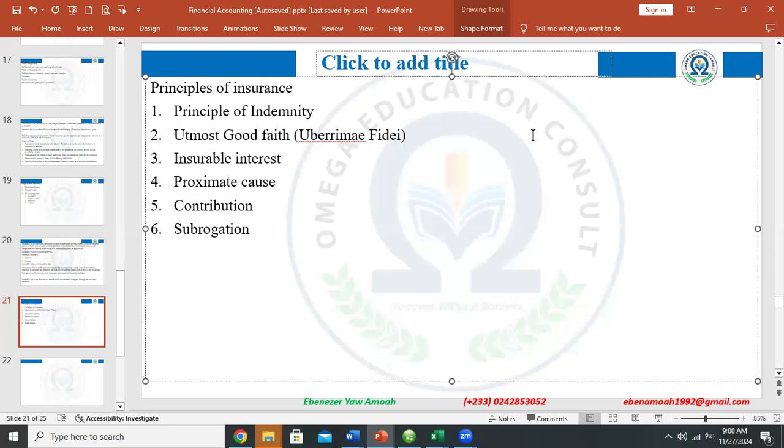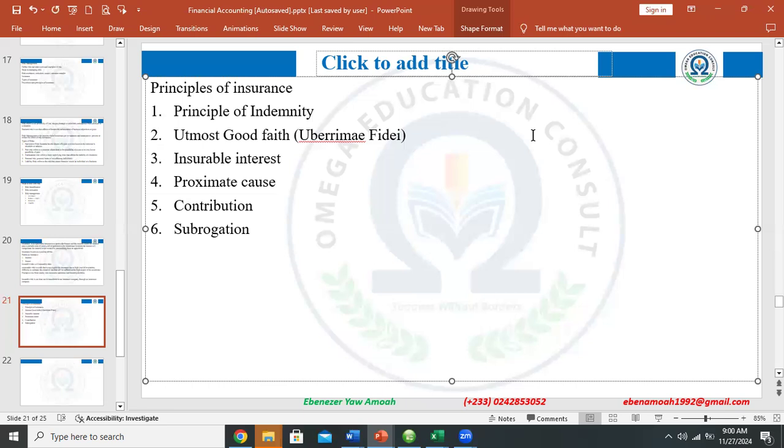So if you insure your car against theft with 5 insurance companies and somebody steals your car, which is worth maybe 20,000, each of the 5 insurance companies will not pay you 20,000. No, because that will mean you are getting 100,000. But the loss you have suffered is 20,000. So what they do is they will contribute to get you the 20,000 you have suffered, and that's contribution.